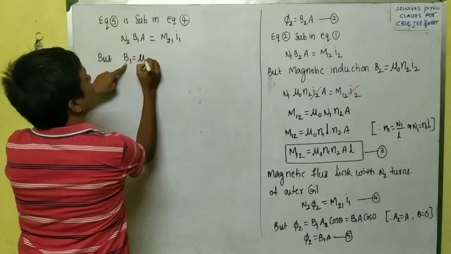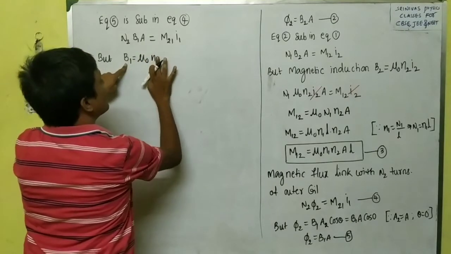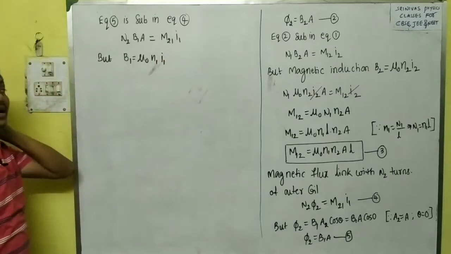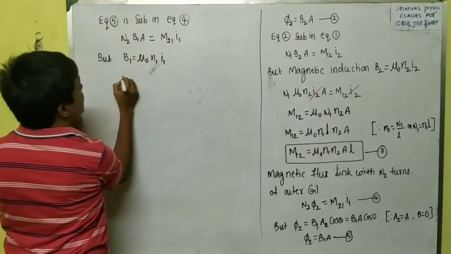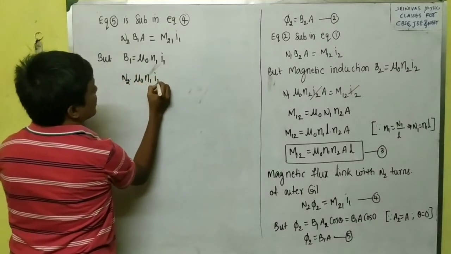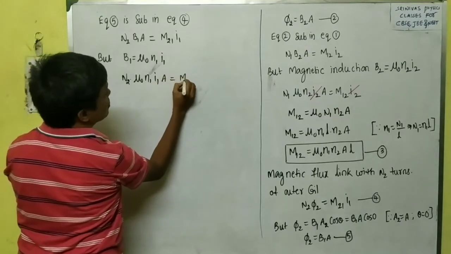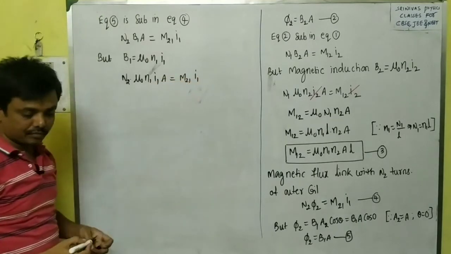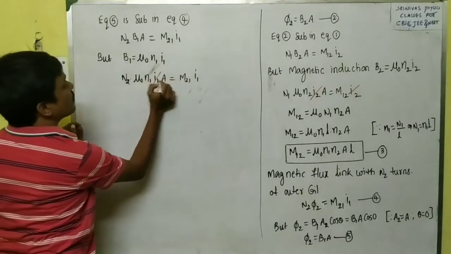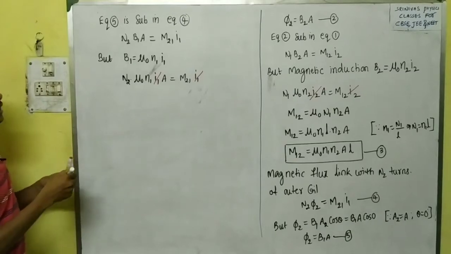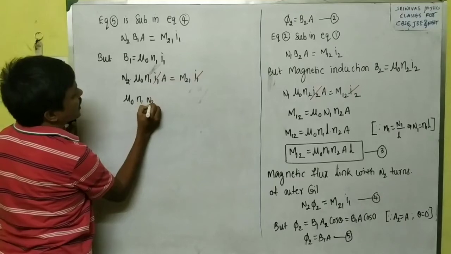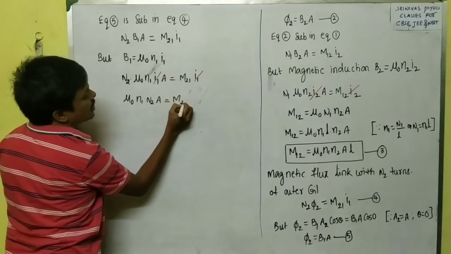This depends upon the number of turns per unit length in the first coil, n1, and the current in the first coil: mu naught n1 I1. This is substituted in the above equation. Then we will get N2 into mu naught n1 I1 into A is equal to M21 I1. Now we have to cancel the I1 here. Finally we will get the M21 formula: mu naught n1 into N2 into A is equal to M21.